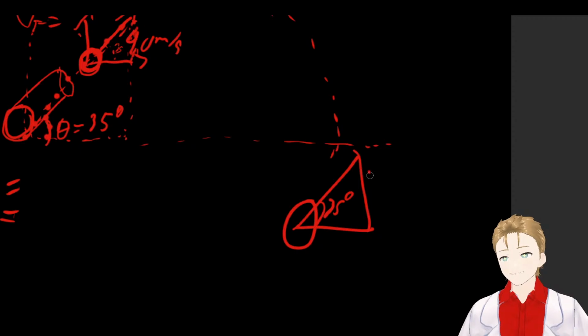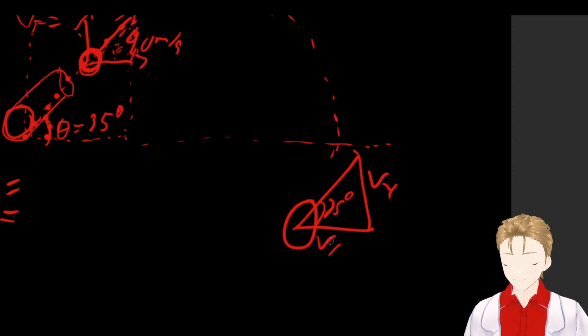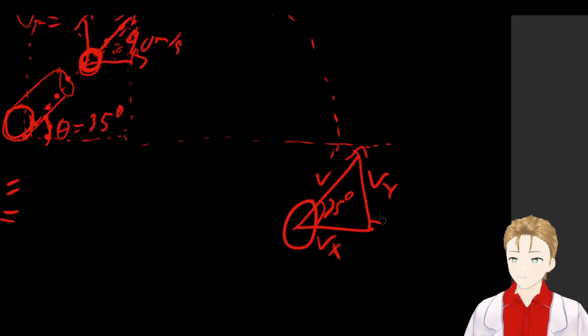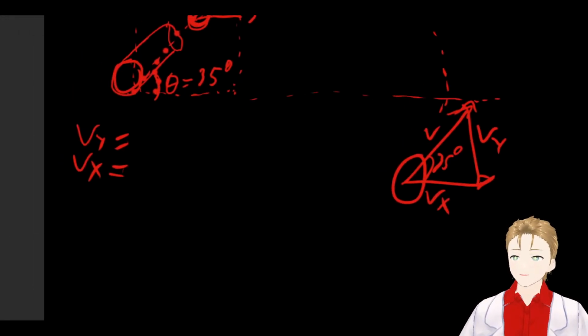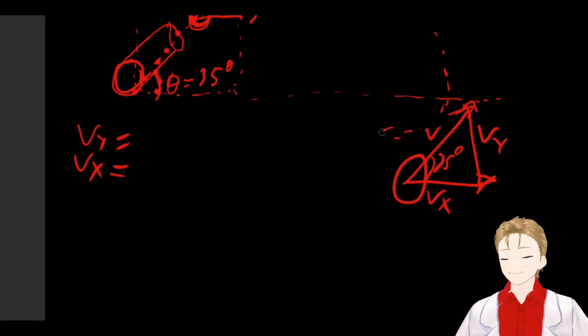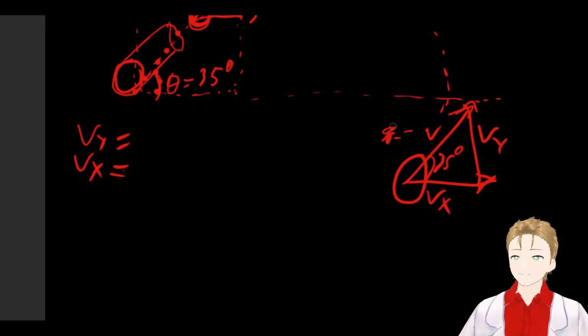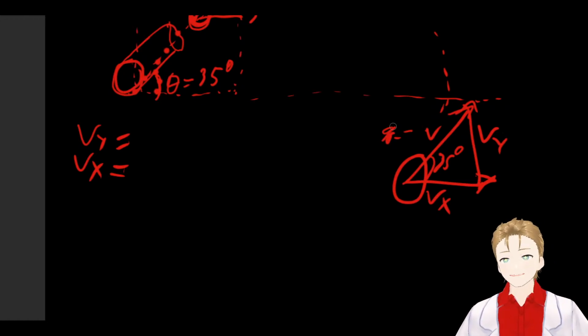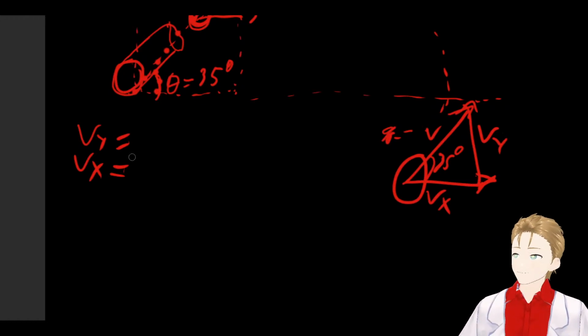Let me say Vy, Vx, and V. Anyways, Vx, this is also 90. To find Vx, we gotta use cosine.